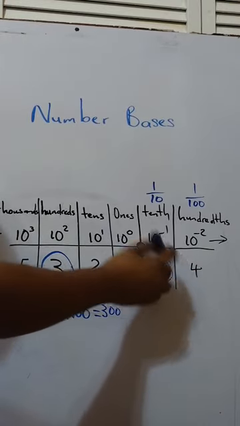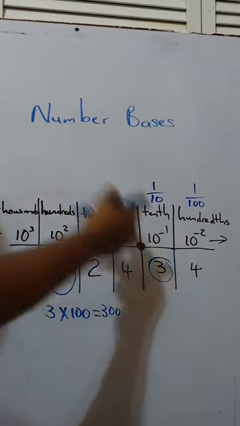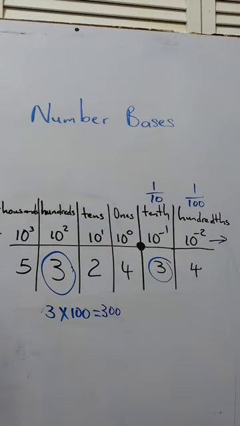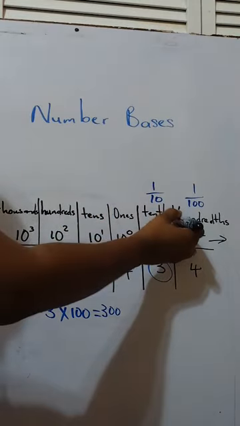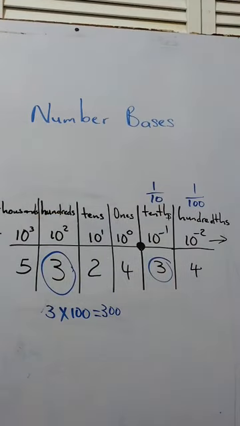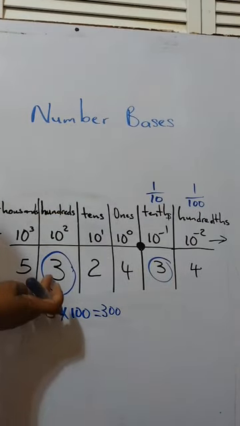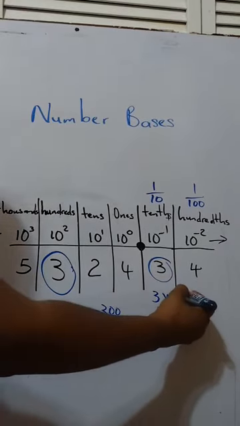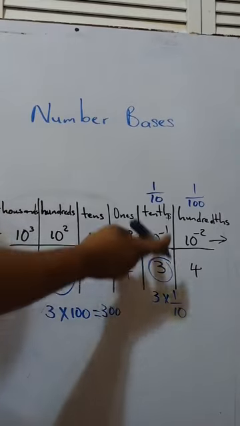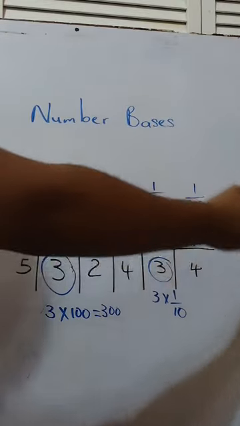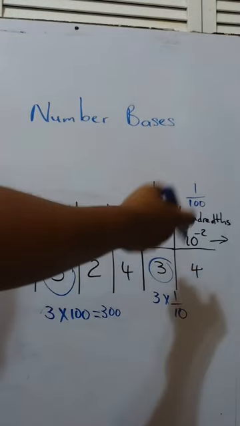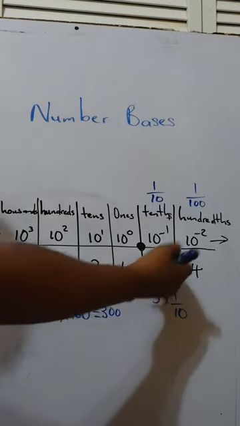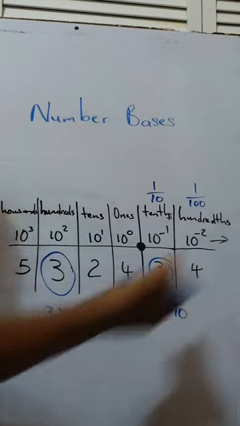But this 3 is in the tenths column. If it's in the tenths column, just as I would have said that this is 3 times 100, this would be 3 times 1/10. Remember now I said that every number after the point is a fraction. A decimal represents a number that can be converted to a fraction depending on where that number is.